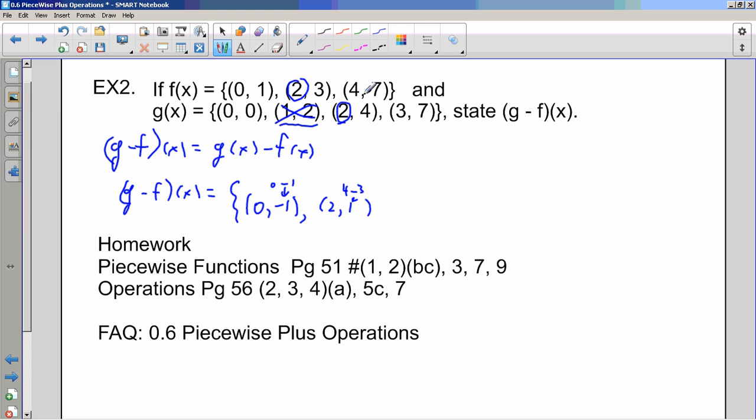And actually, similarly, I'll go to my next point for F, and I have an input of 4, but G's got no point defined there, so not defined. And in fact, same thing for 3. The only places where both functions were defined were at x equals 0 and x equals 2. So that means we're done.